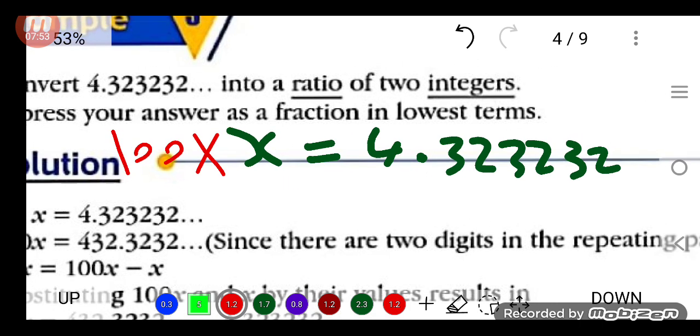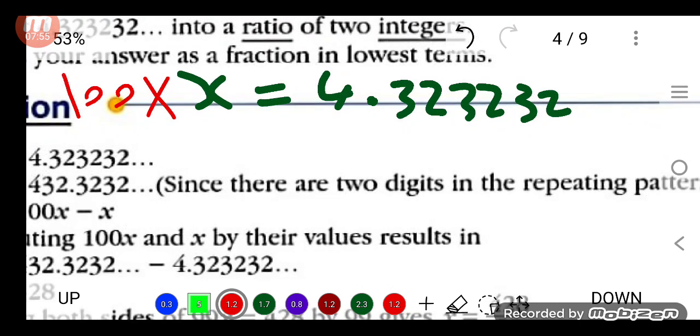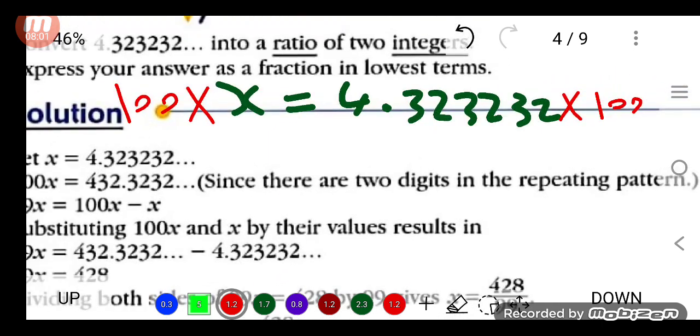So times 100 on both sides. Now let's see what we get. Now here we get 100x is equal to, now you move the decimal 2 places to the right.